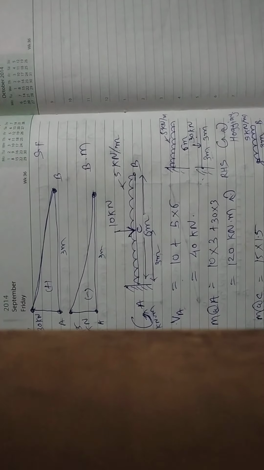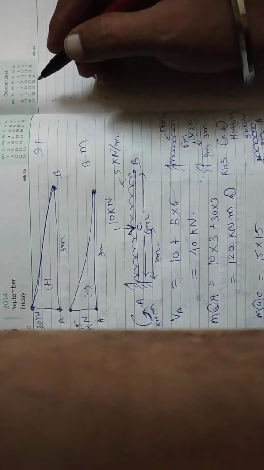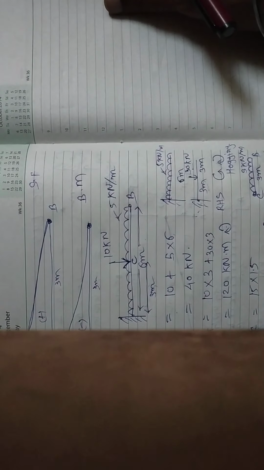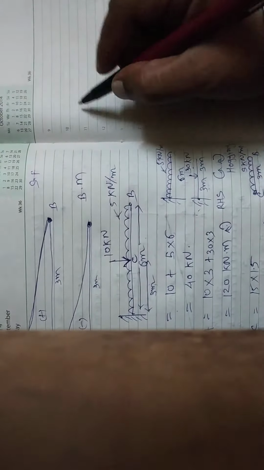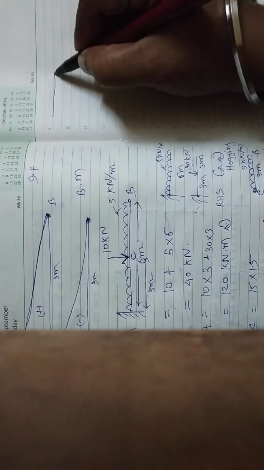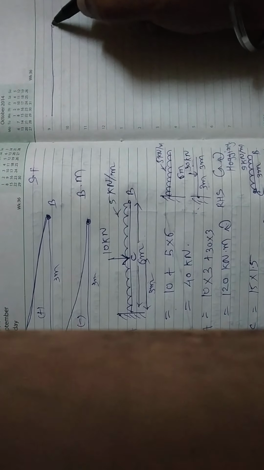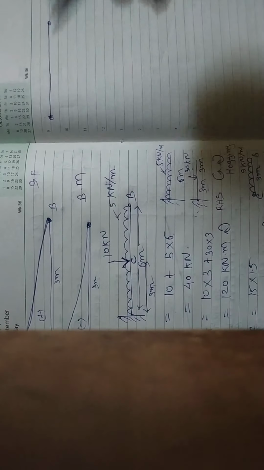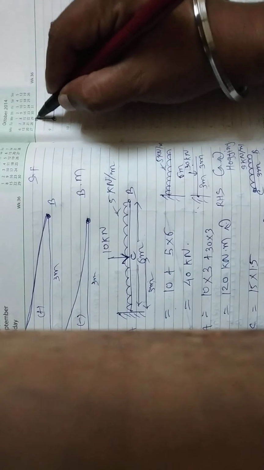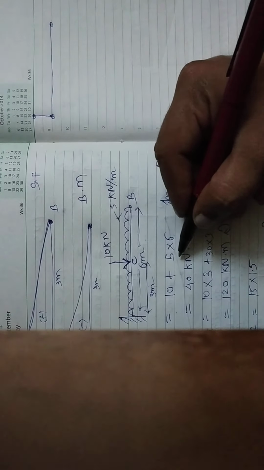If you want to draw the shear force diagram of this given beam, you have to draw this beam only. At the support A you will have a reaction of 40 kilonewton.